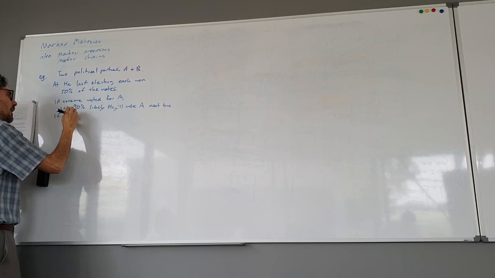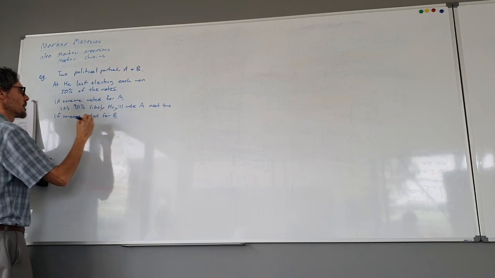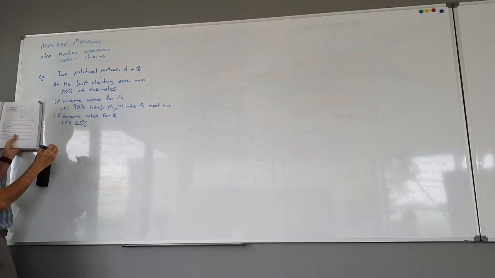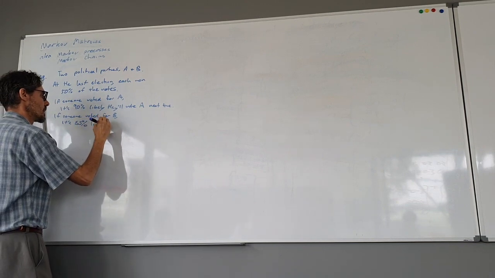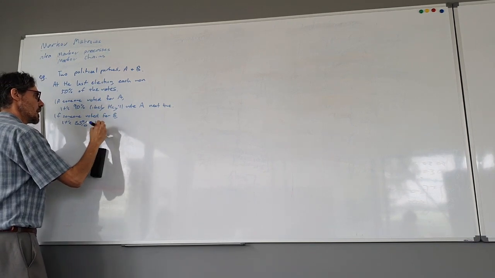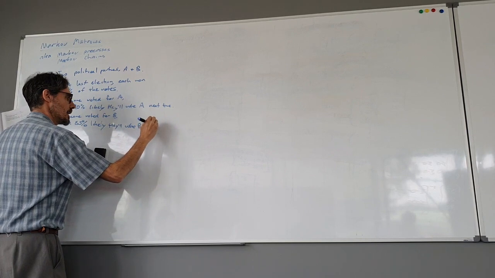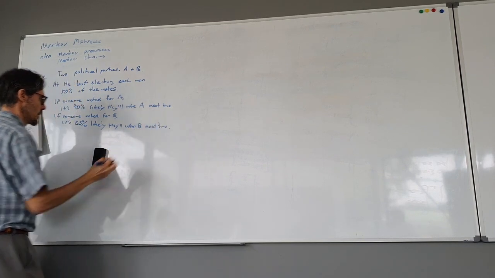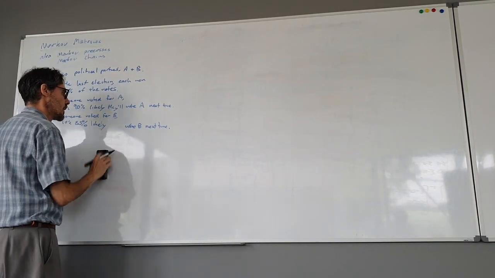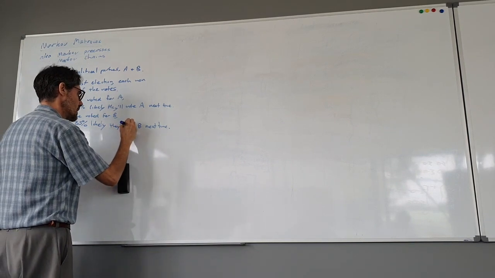And if someone voted for B, it's 85% likely they'll vote for B again next time. Wow, that's a lot. They're pretty conservative. Wow, my writing is really messy this afternoon. That was supposed to be vote.